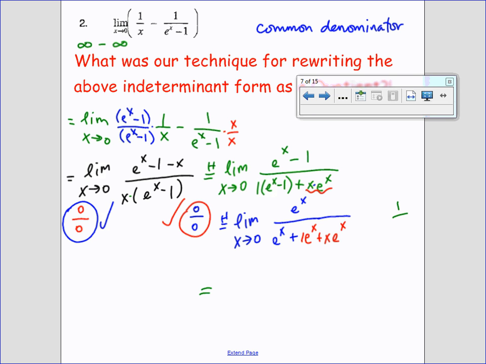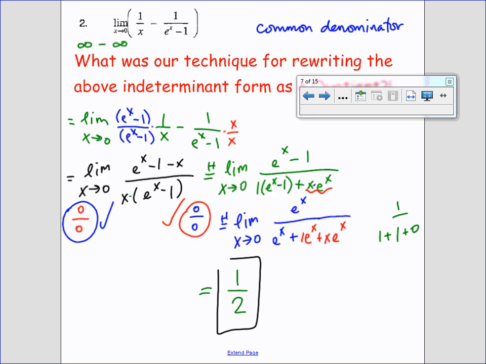For better or for worse, I'm at the end of the road here. I know that we won't be doing L'Hopital's rule anymore because my top is not 0 or infinity. Let's check out the bottom. As x goes to 0, e to the x goes to 1 plus 0. Is this indeterminate? No, I'm ready for direct substitution. My x value of concern is in the domain of the expression. I get 1 over 1 plus 1, which is 1/2. I'm getting 1/2.